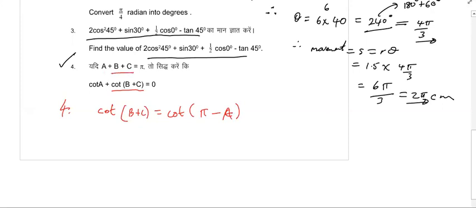Cot in the second quadrant is negative, so it is negative cot a. Therefore cot a plus negative cot a is equal to 0, because these two cancel out.